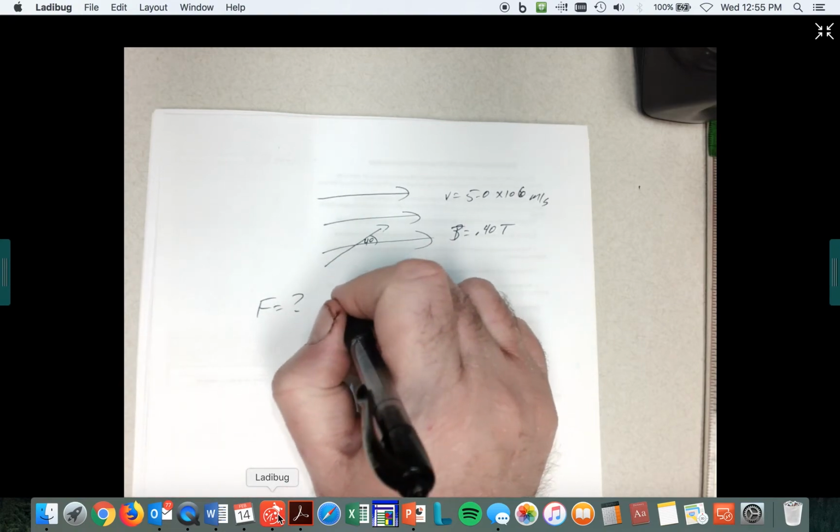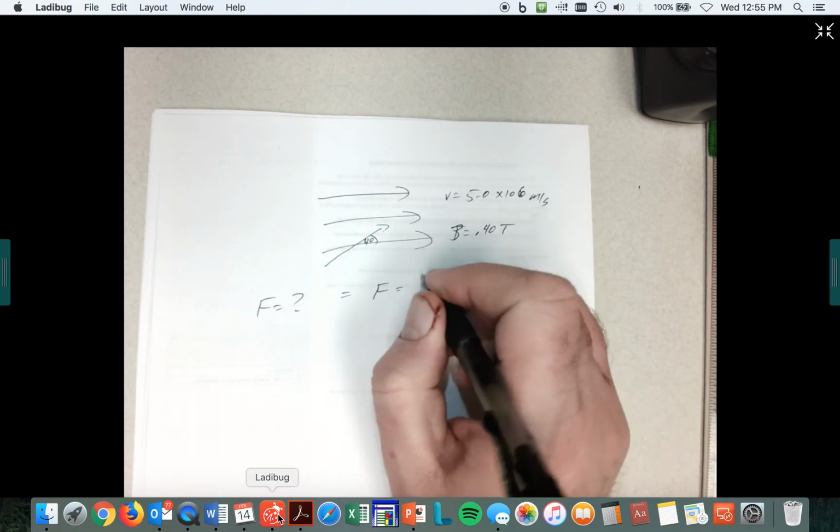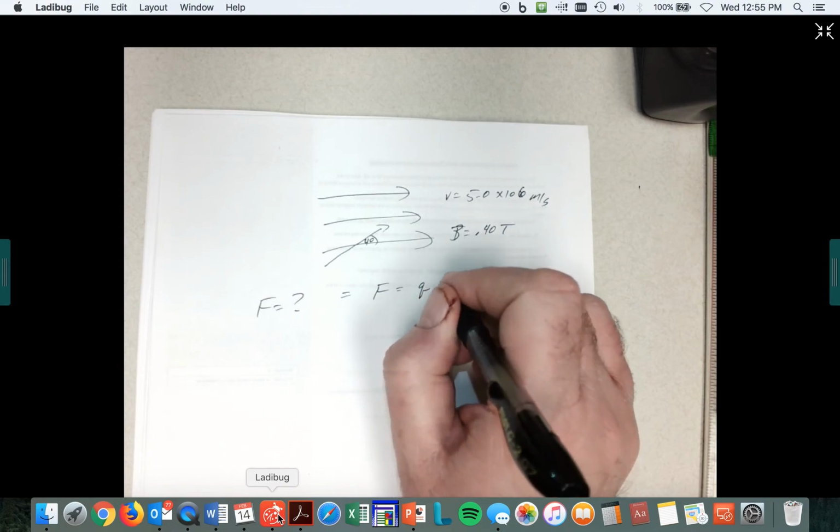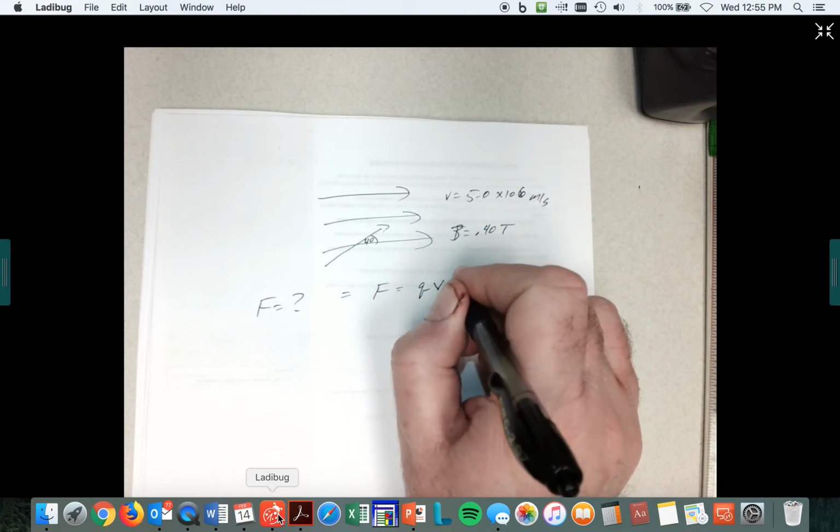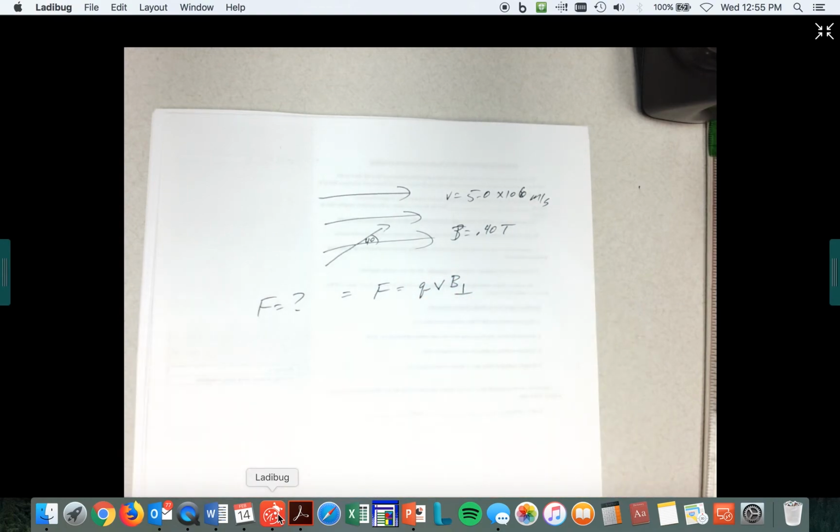Well, the force is equal to Q V B, and I'm going to draw the perpendicular sign there. There's your formula. Force is equal to the charge times the velocity times the perpendicular component of the magnetic field. The parallel component does nothing.